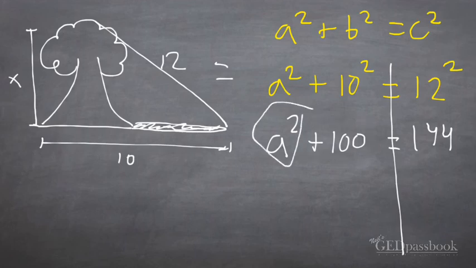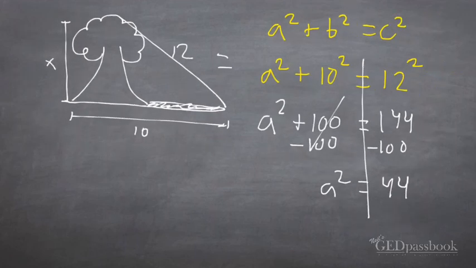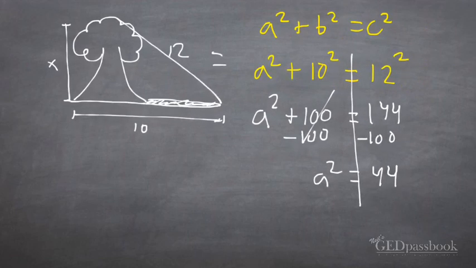It wants to be far away from the variable. So the 100 needs to be moved. How do you move it? By subtracting. Then A squared equals, what's 144 minus 100? 44. So, again, what is the last step that you must always do in Pythagorean Theorem problems?